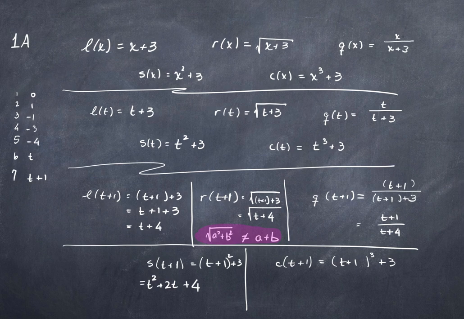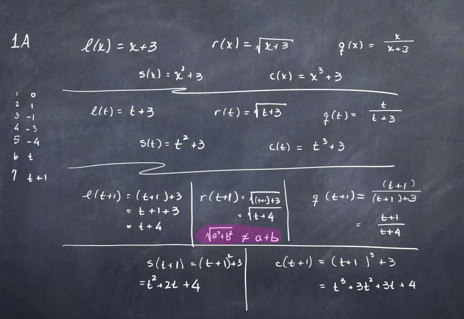C of t plus 1 is t plus 1 cubed plus 3, and that simplifies to t cubed plus 3t squared plus 3t plus 4. Again, if that's not the answer you got, start by making sure that this expression here, cubed, is correct. Make sure you cube that correctly, and then combine like terms.